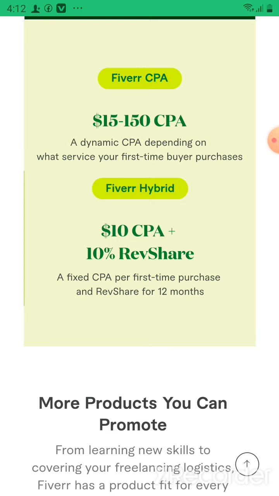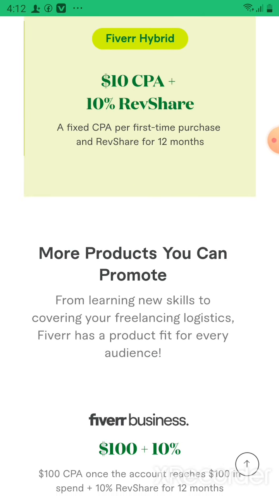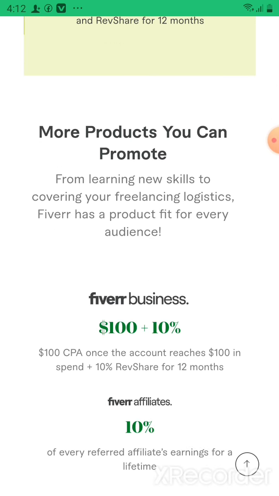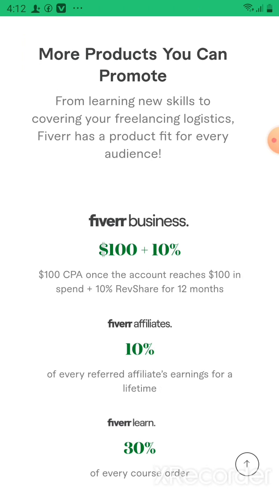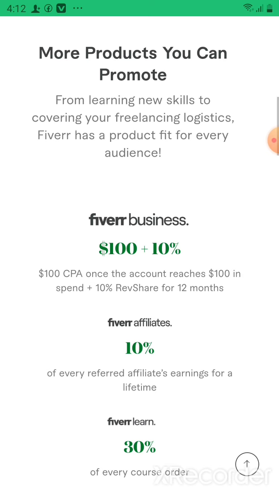Fiverr hybrid. You have $10 CPA plus $10 revenue share, and you can promote more products on Fiverr. You can see we have Fiverr Business. You can get as much as $100 plus 10% of that particular product.